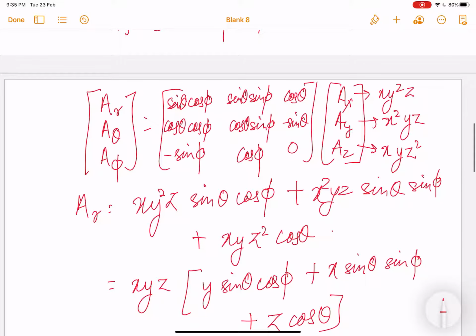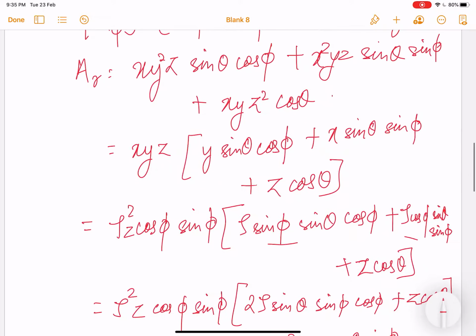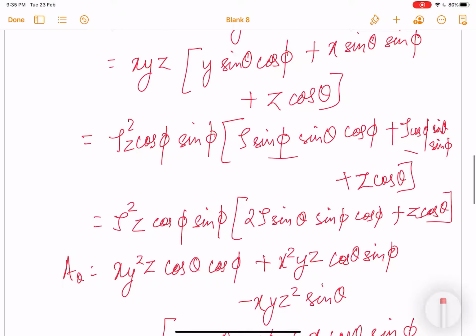Over here I used rho everywhere. Doesn't matter, in the end at least I can change. Instead of rho I should have written it in terms of r. So lengthy. Rho square can be written as r square sine square theta.